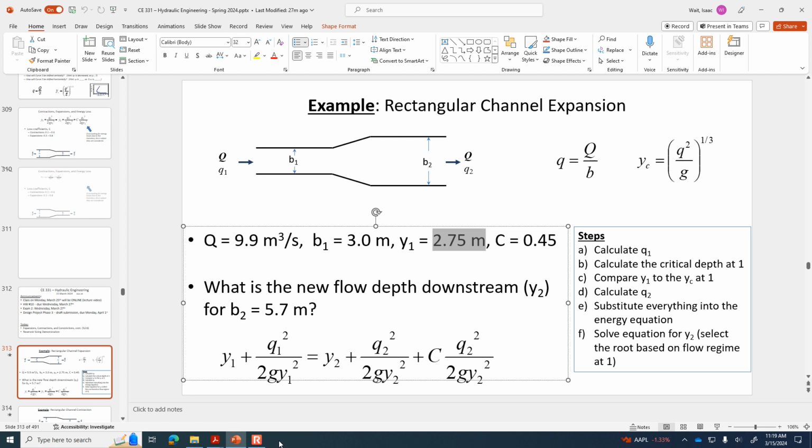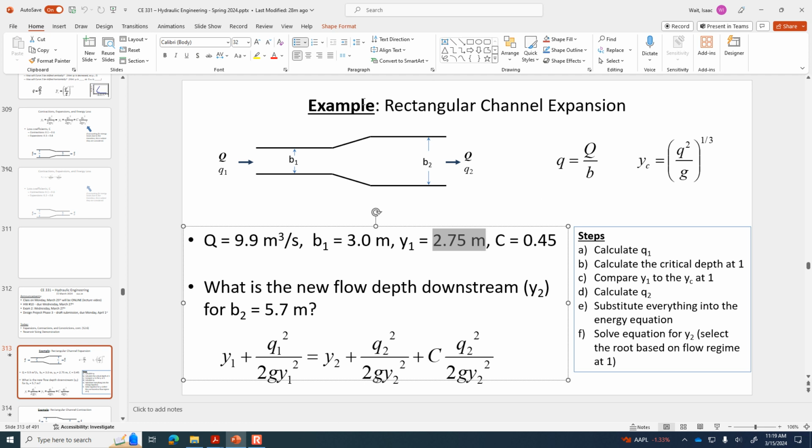And I've already talked about before how you can't just necessarily expect it's going to be shallower, which is maybe what instinctively you'd guess, because there's 2 separate things that are happening. There's the change in specific energy because of the change in flow per unit width, but then there's also the energy loss. And so we don't necessarily know the magnitude of which and what effect that's going to have.